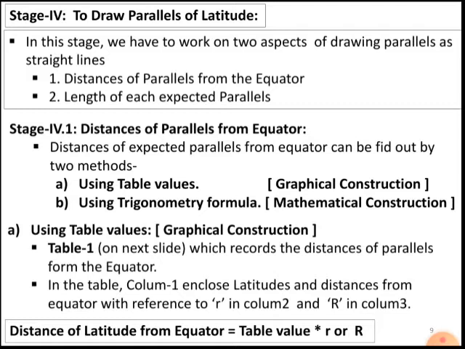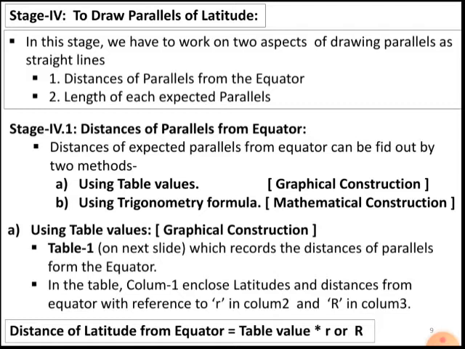If you are using the small r value to find the distance from the equator, you must refer to the values of column number 2. And if you want to use the capital R, that is the radius of the reduced earth, then you have to use the table values from column number 3.